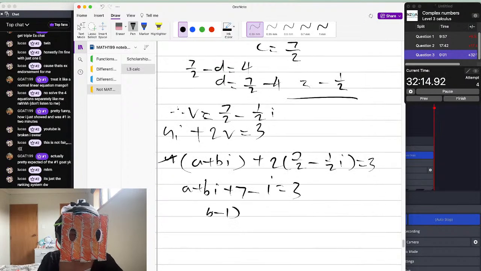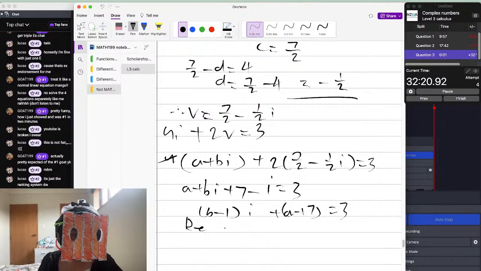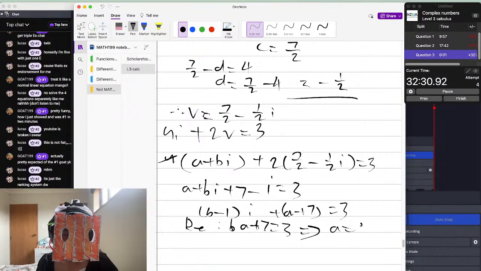B minus 1 i plus a plus 7 equals 3. A plus 7 equals 3. Simple algebra. A equals minus 4.